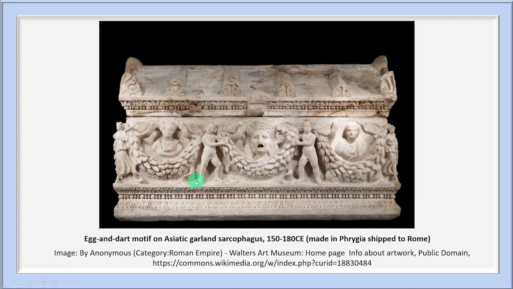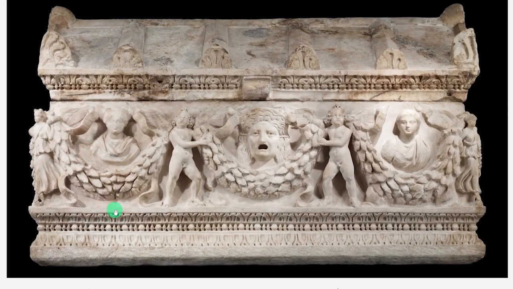Then this one again is a sarcophagus dated 150 to 180 CE. An egg and dart motif is present at the bottom. It's a variation of it. This and this over here.